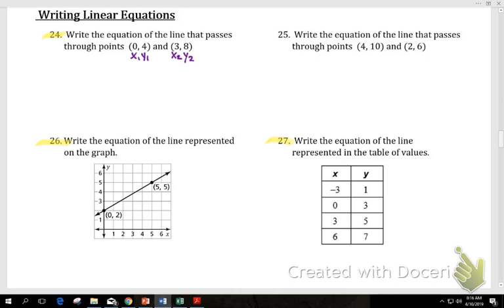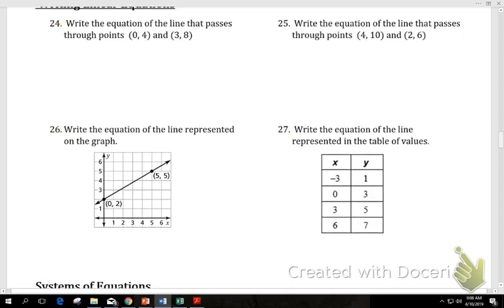Go ahead and plug in these numbers and solve for your slope, please. All right, and I'm on the right slide now. Okay, go ahead and plug in these numbers and solve for slope. Remember, you're trying to figure out the value that plugs in for m.